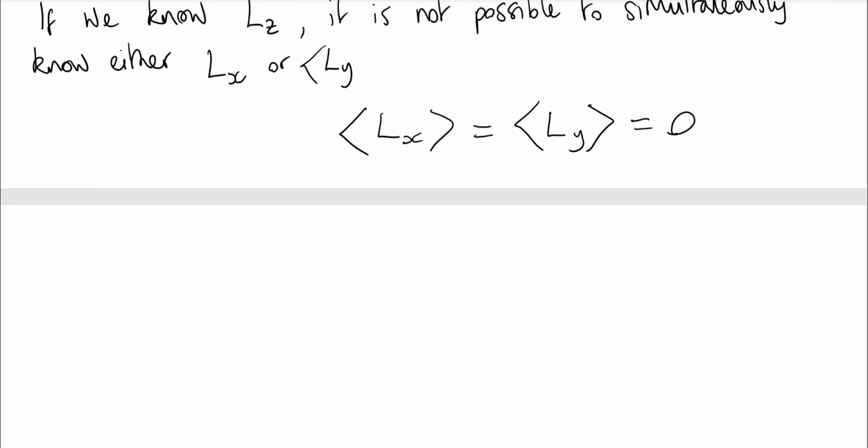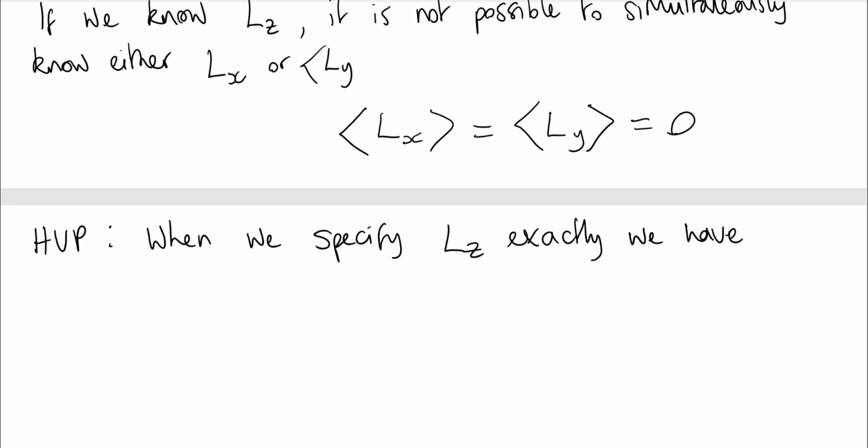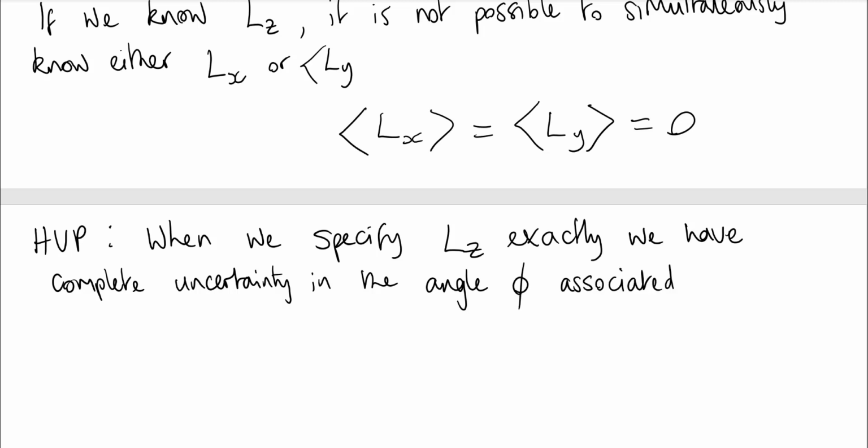What does this also mean? The Heisenberg uncertainty principle tells us when we specify L sub z exactly, we have complete uncertainty in the equatorial angle, the angle phi that's associated with that, we've got this spinning round, right? And so that has an L sub z value. So we have complete uncertainty in the angle phi associated with L sub z.